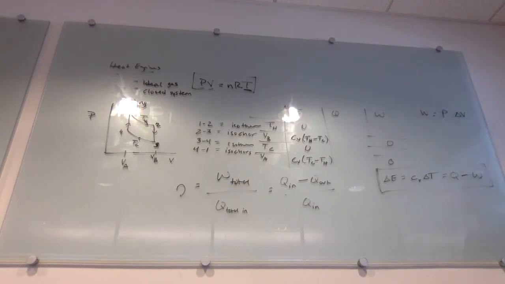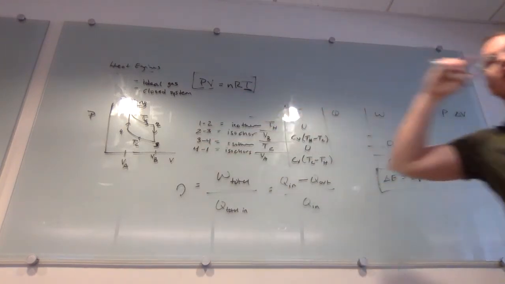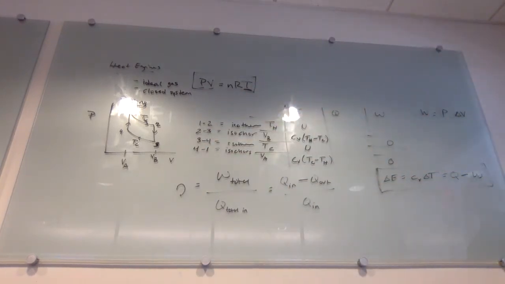You just want to imagine how could you possibly get work done if the piston is not moving? Work literally is the piston pushing against you. That's what work is. You can lift something. How can you do that if it's stationary and it's not expanding? So whenever you have an isochore, whenever you have a vertical line here, if your volume is not changing, you can't possibly get any work out of it, right? So these are 0. So that's great.